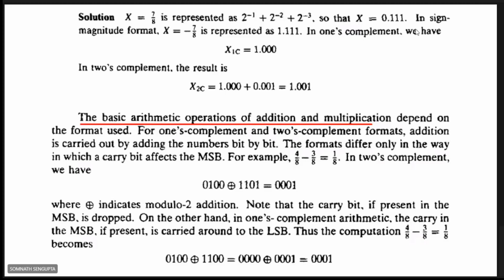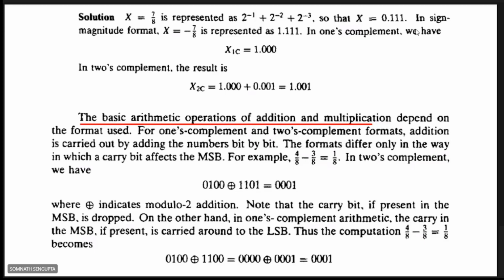Then for the negative value, that is minus 7 by 8, we represent the sign magnitude representation of minus 7 by 8. First you get plus 7 by 8, which is 0.111.